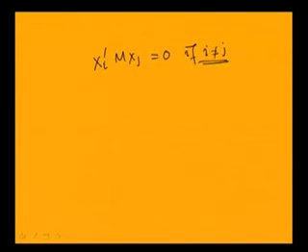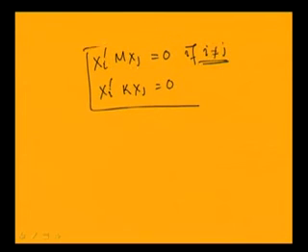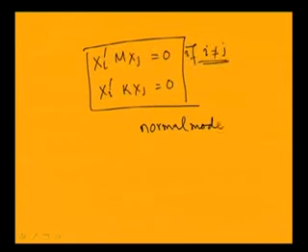Similarly, you can show that x_i' k x_j also equal to 0. So, this is the orthogonal property of the eigenvectors or normal modes x_i and x_j.